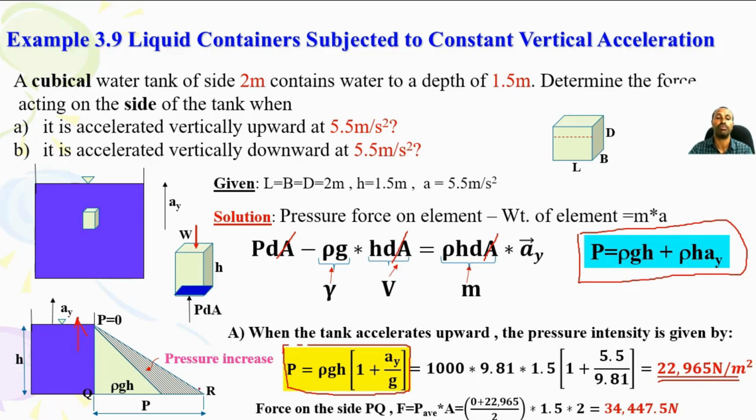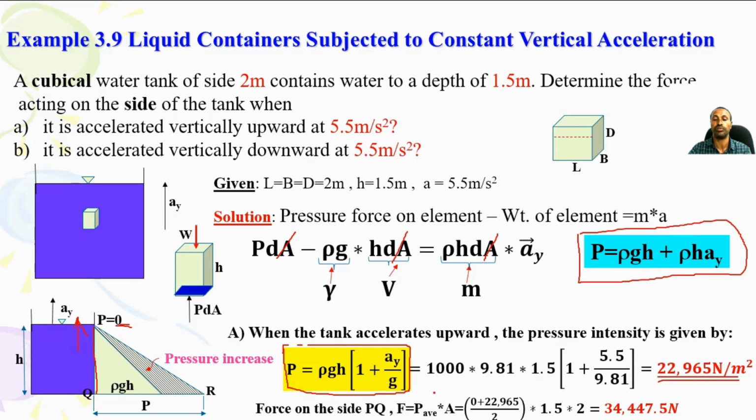So what force is exerting on this side, the side PQ? You can compute again. Force is equal to average pressure times area of contact, the area perpendicular to this. The average pressure: at the top you have 0, and at the bottom you have rho g h, which we already computed.